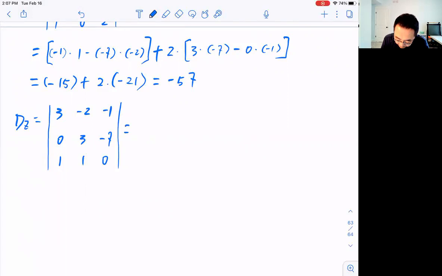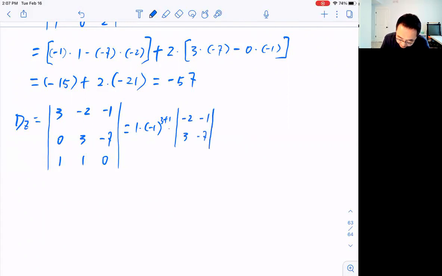So we have 1 times negative 1 raised to, so this one is what I'm talking about, the third row and first column. So 3 plus 1 times its minor. So that's by deleting its row and its column. You get negative 1, negative 2, negative 1, 3, and negative 7. So negative 2, negative 1, 3, and negative 7.